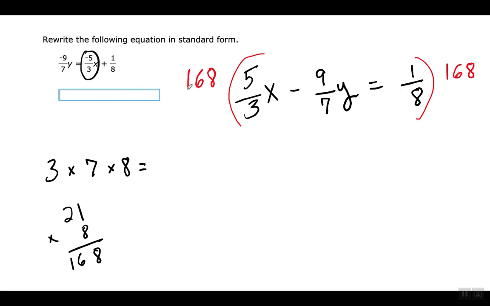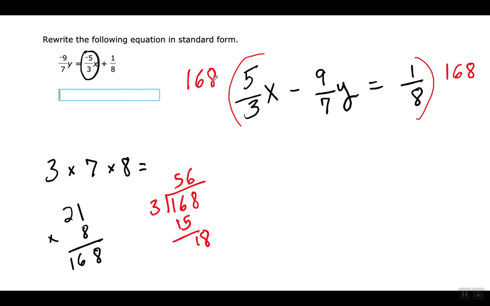So again, I'm going to do it the fast way. 168 divided by 3, what does that give me? And whatever that gives me, times 5. So 168 divided by 3, you should be able to do it with mental math. It gives you 56.